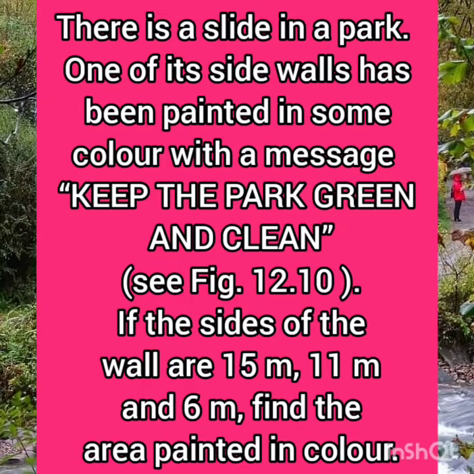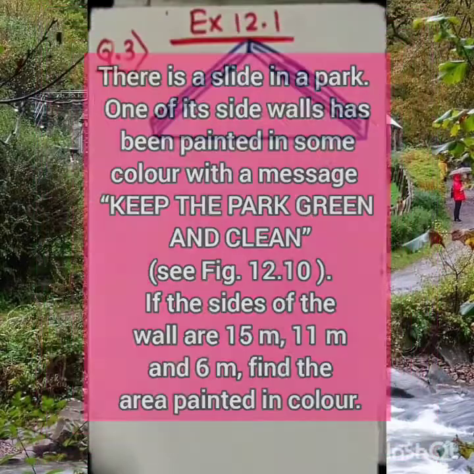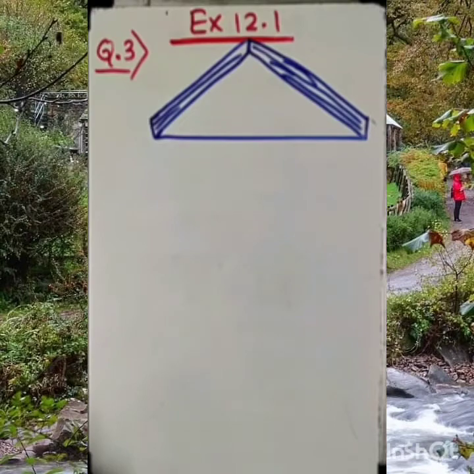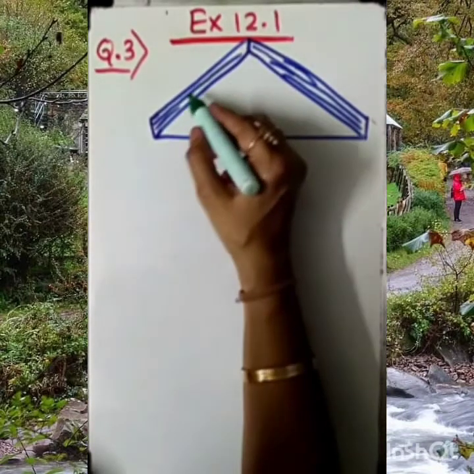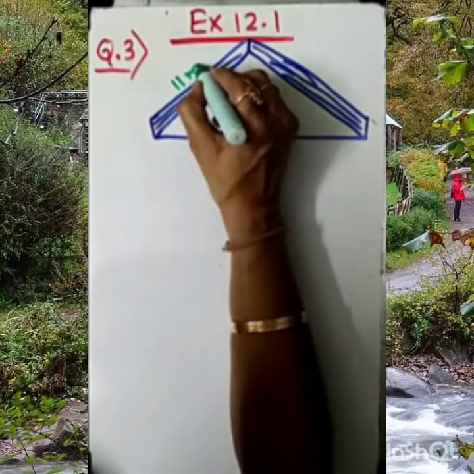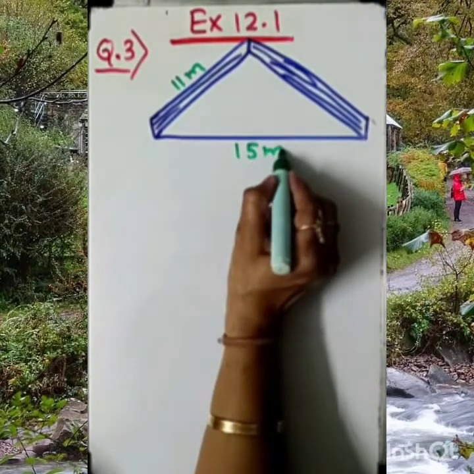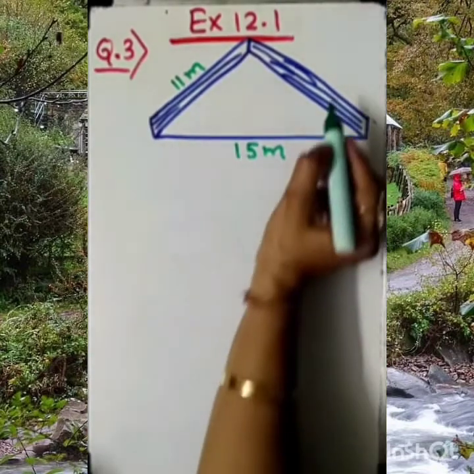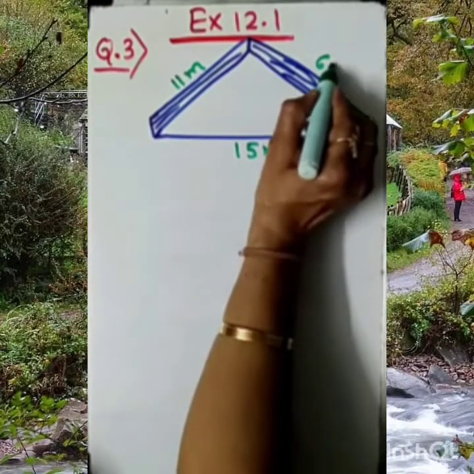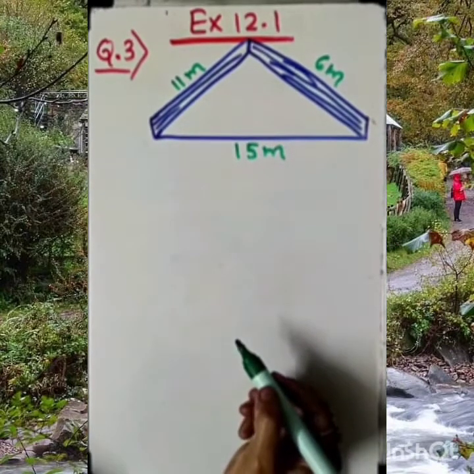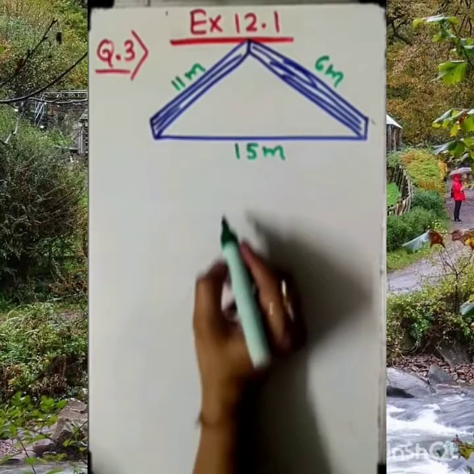Very easy. According to the figure on your screen, this portion is 11 meters. Let me note down: this part is 15 meter, and the length of this portion is 6 meter. Between that is written, keep the park green and clean.